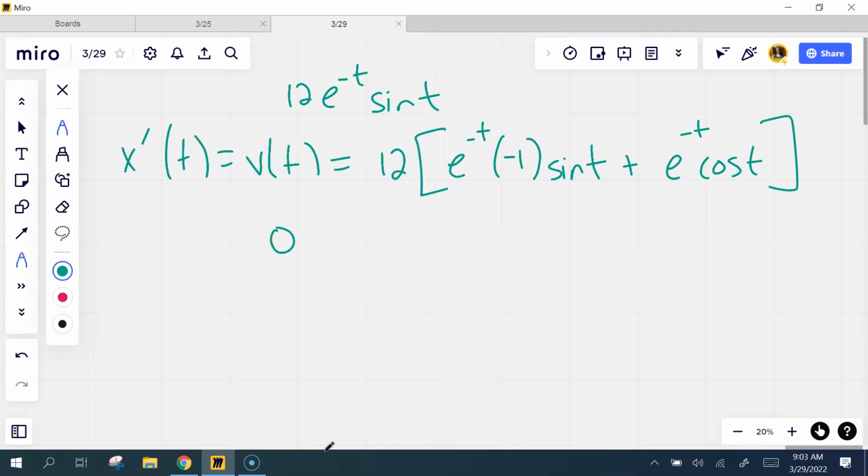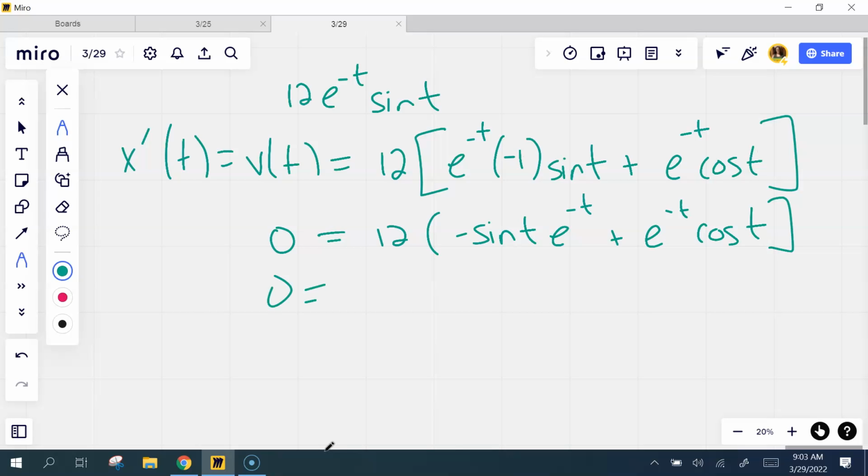When does that piece equal 0? So this is going to be negative sine t, e to the negative t, plus e to the negative t plus sine t. I factored out an e to the negative t.